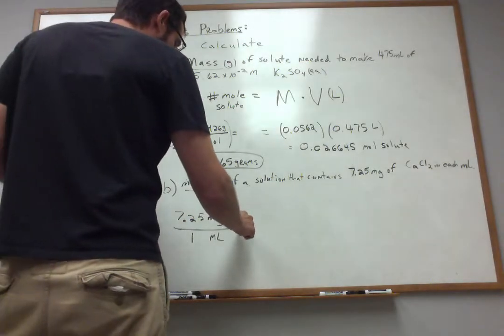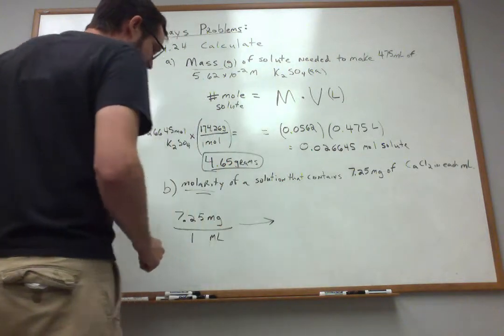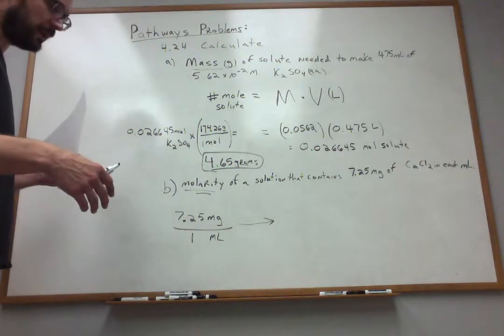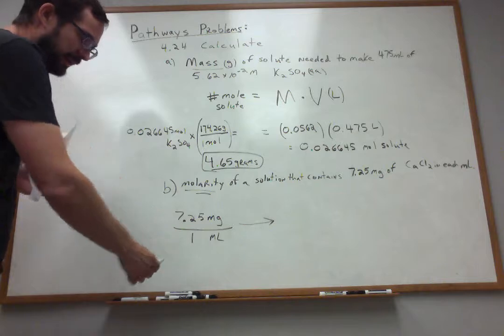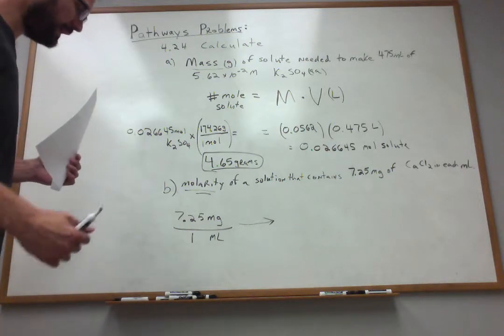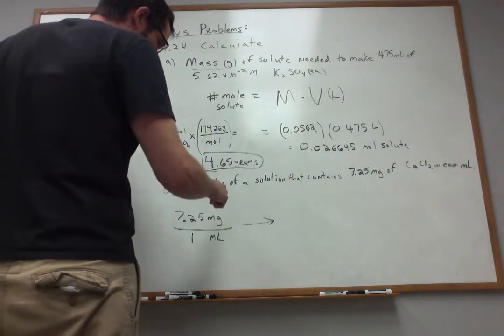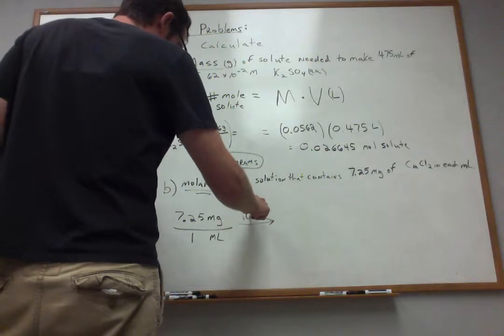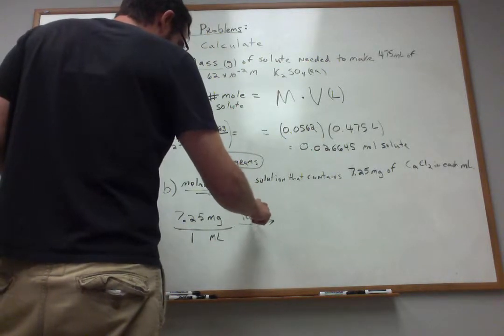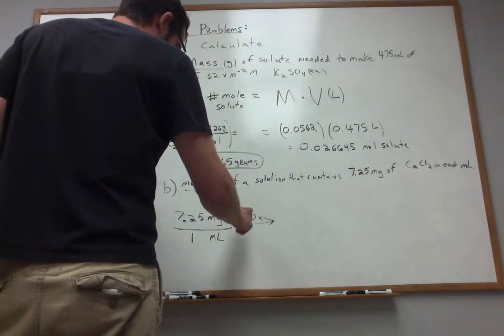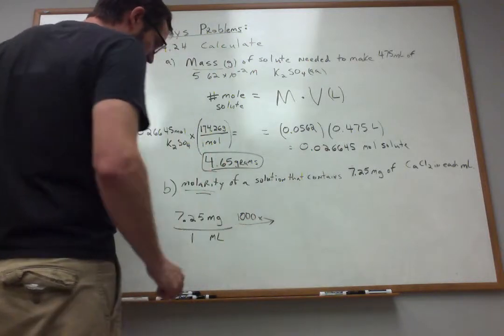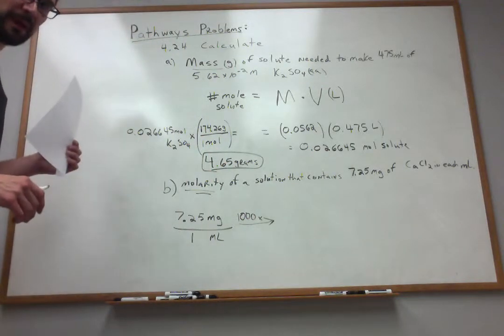So when I see this, I think about my definition of molarity being moles per liter. Molarity is not defined in terms of milliliters. So I said, well, okay, what if I just scale this up a little bit? What if I multiply all units by 1,000?